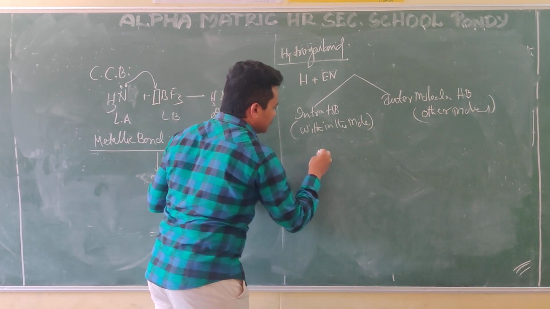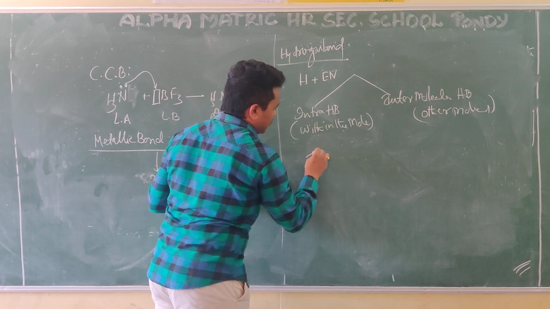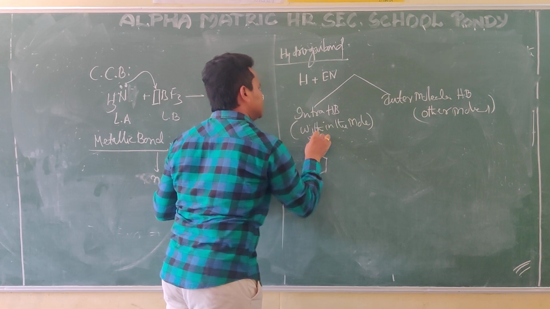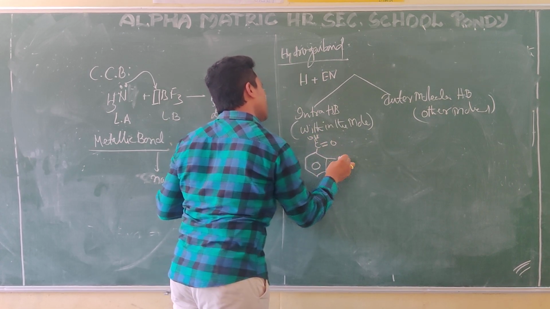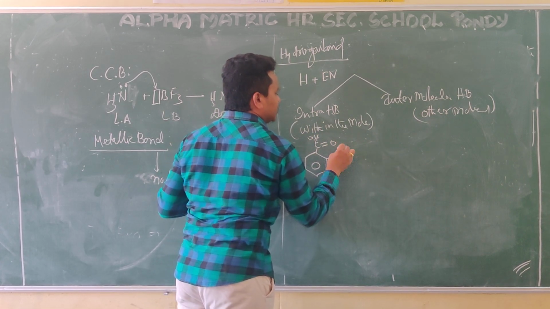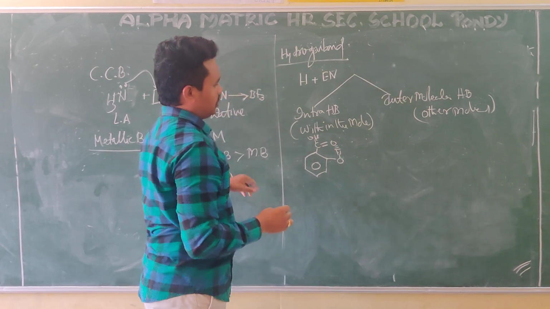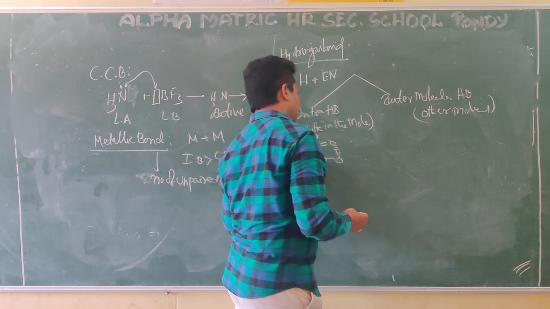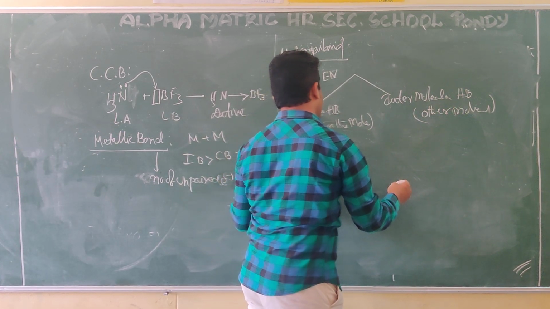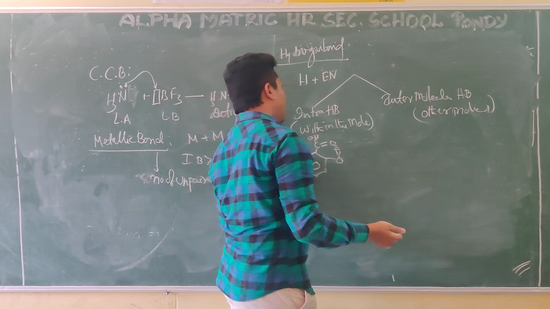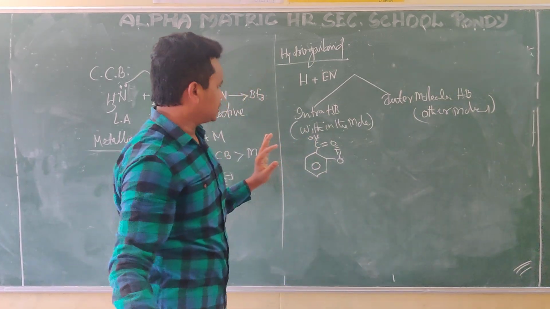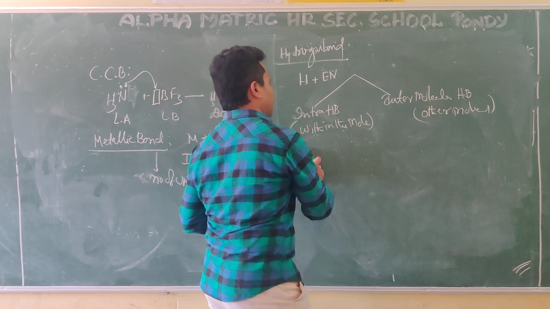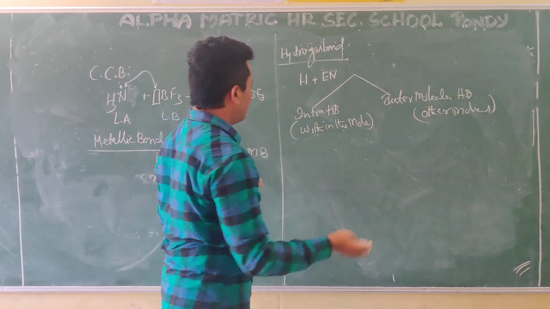Phenol. Salicylic acid, what is that? Double bond, OH. Orthonitrosalicylic acid, paranitro.